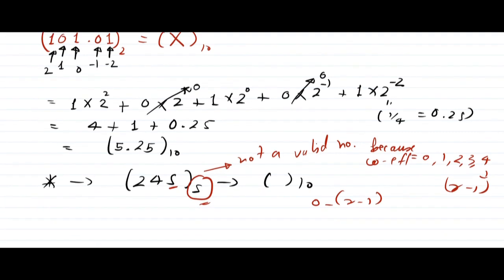Let me give you the next question, which will be a valid one. 26 to the base 7. What will this be in base 10? You can write it like this. I am not going to write the place values.